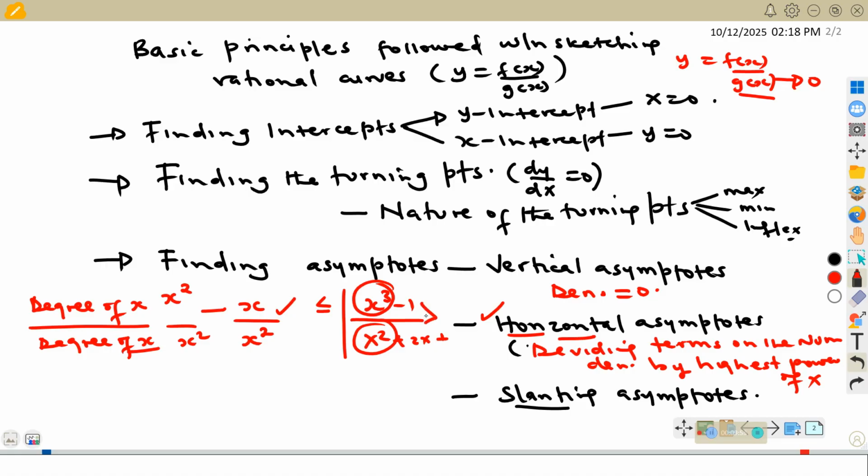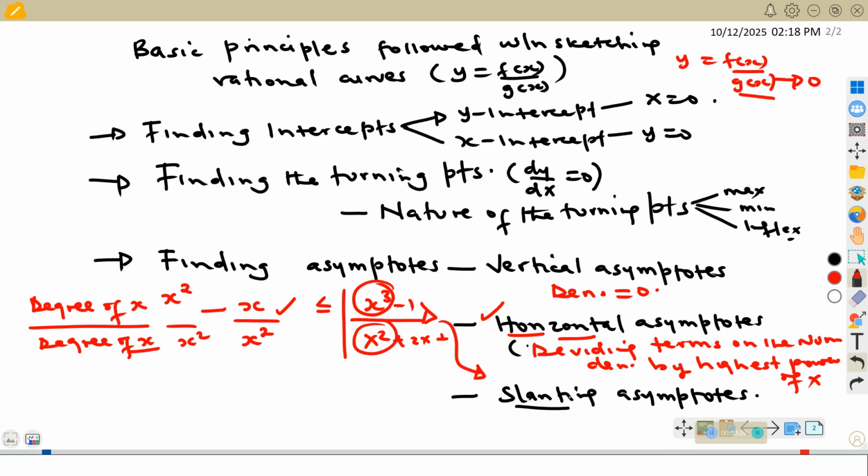So in this case you expect to have the slanting asymptote. You must distinguish the circumstances in which you will have horizontal asymptotes and when you will have slanting asymptotes. You cannot have the two at once. So that is about identifying the slanting asymptote.